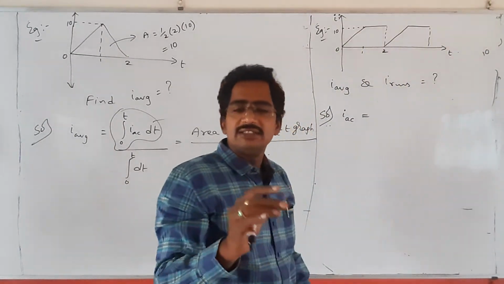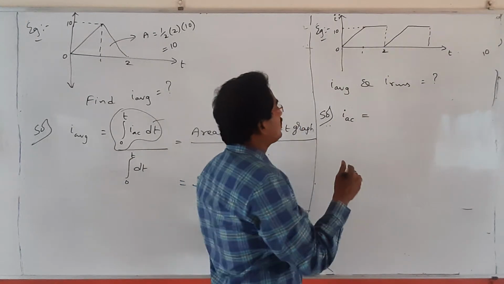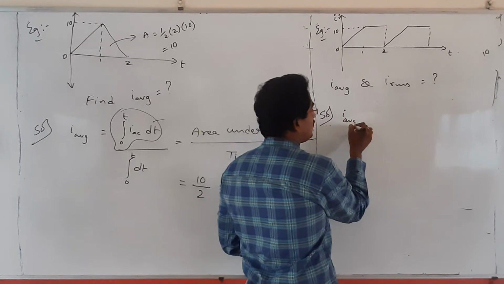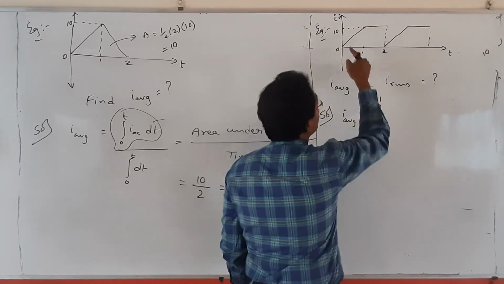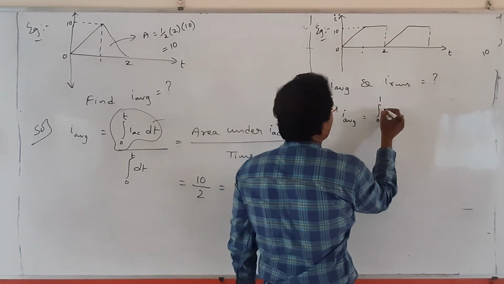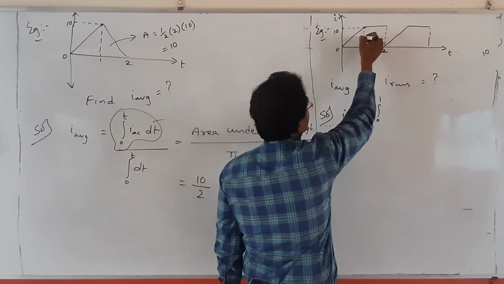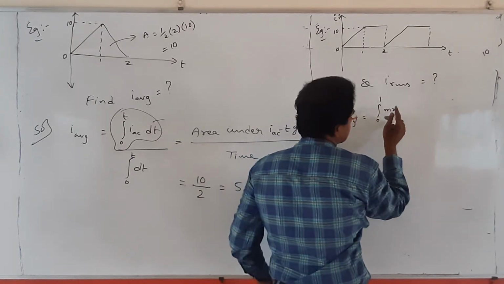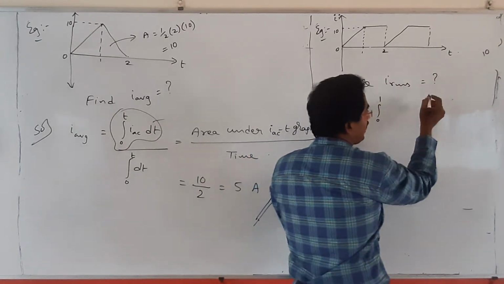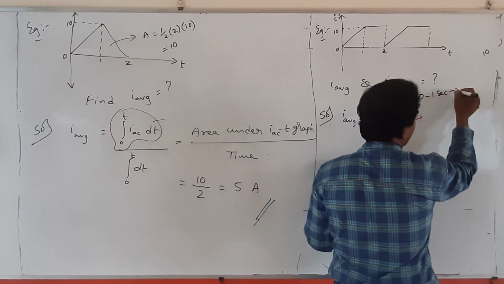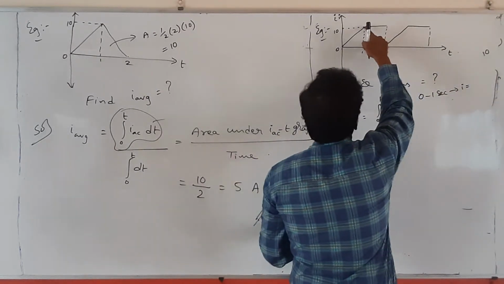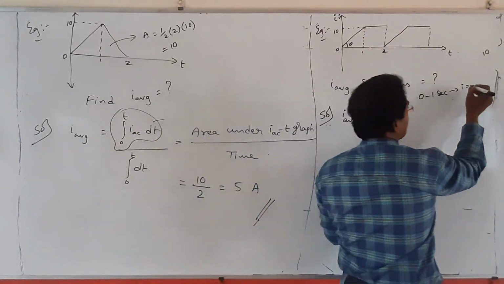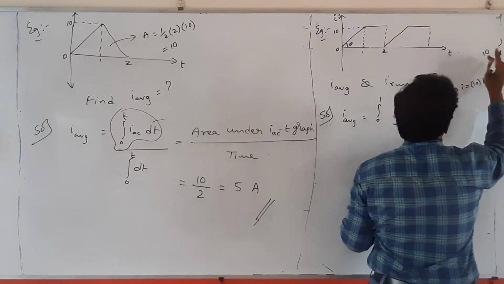Y means I equals m t. The slope value here is 10 by 1. So for the interval 0 to 1 second, the current value is 10t.